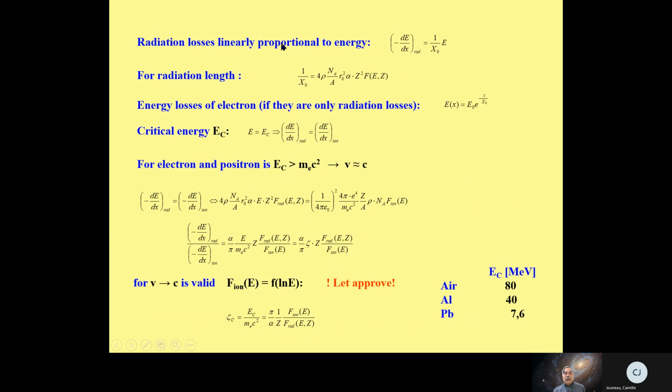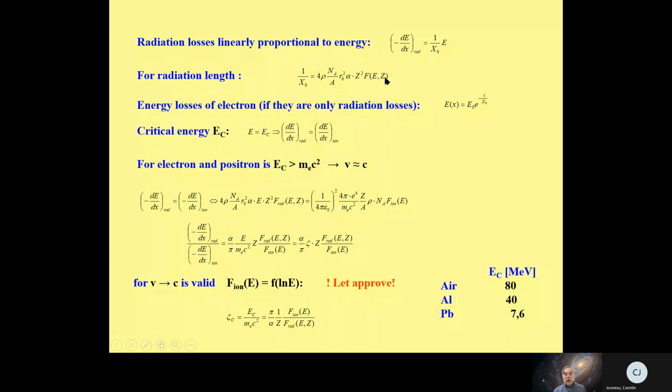These radiation losses are linearly proportional to energy. In this case, it's possible to calculate the dependency on energy and on radiation length.